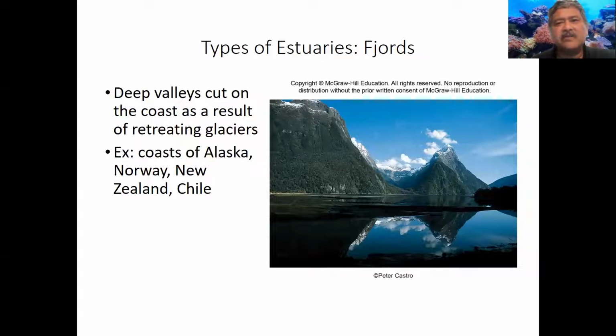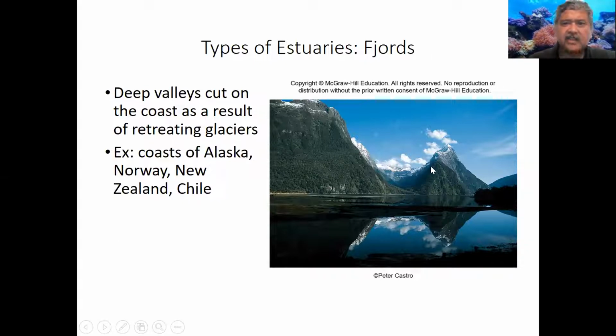And types of estuaries, again, this is the fourth type. These are fjords. See these in Norway. This is what you think of when you think of a fjord, or if you were to take an Alaskan cruise, you would see these also as really deep valleys on the coast as glaciers moved back from the ocean, and they cut through and make that U-shaped valley that you see right there.